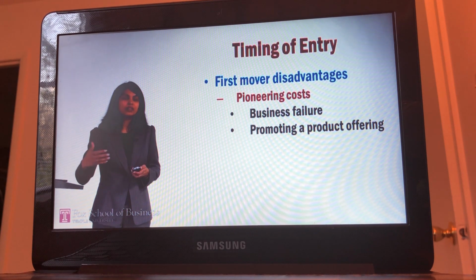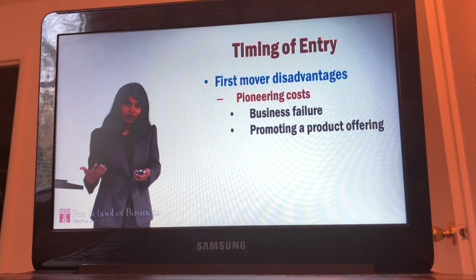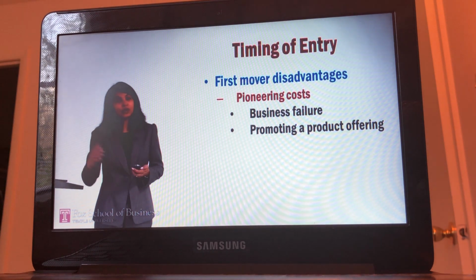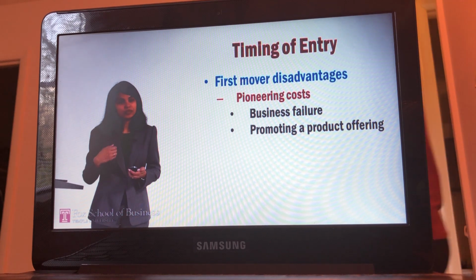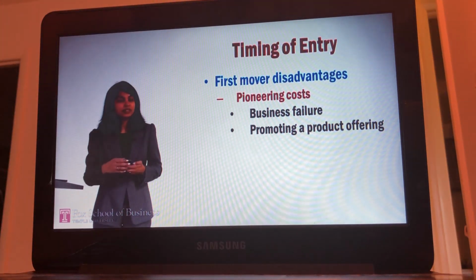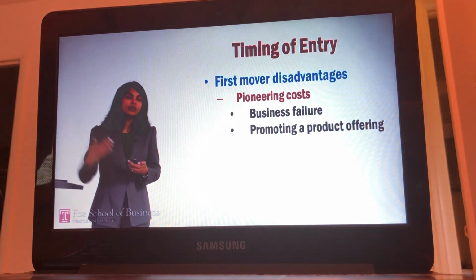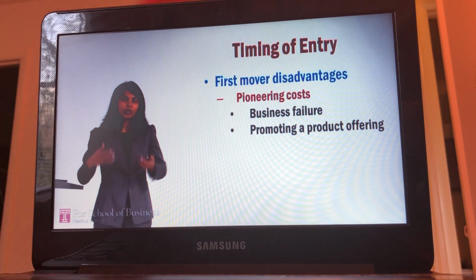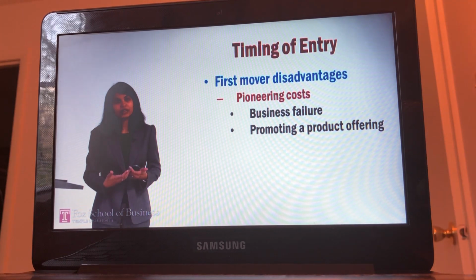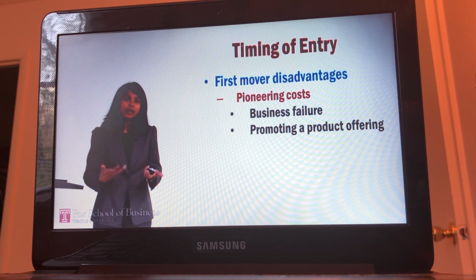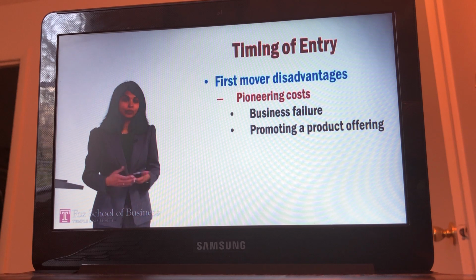Hence there could be certain costs known as pioneering costs related to not knowing the environment, because of which you might make hefty mistakes leading to a lot of business failure. Or there could be other costs such as the costs of establishing yourself in a new market as a foreign firm, and also educating the consumers regarding your product.